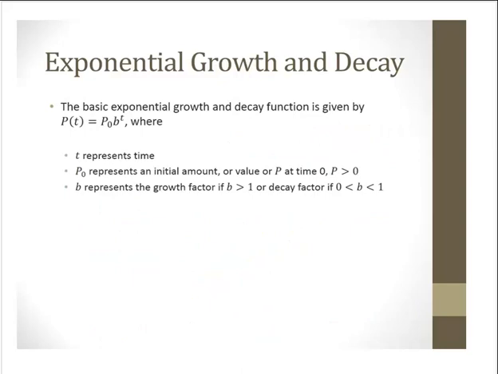So, the basic exponential growth and decay function is given by p of t is p0, or p naught, right? P of t is p naught b to the t, where t is time.